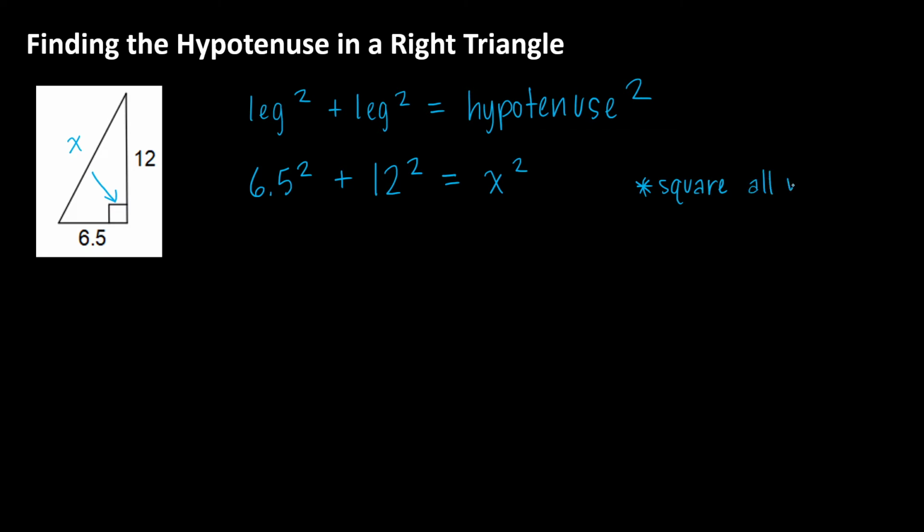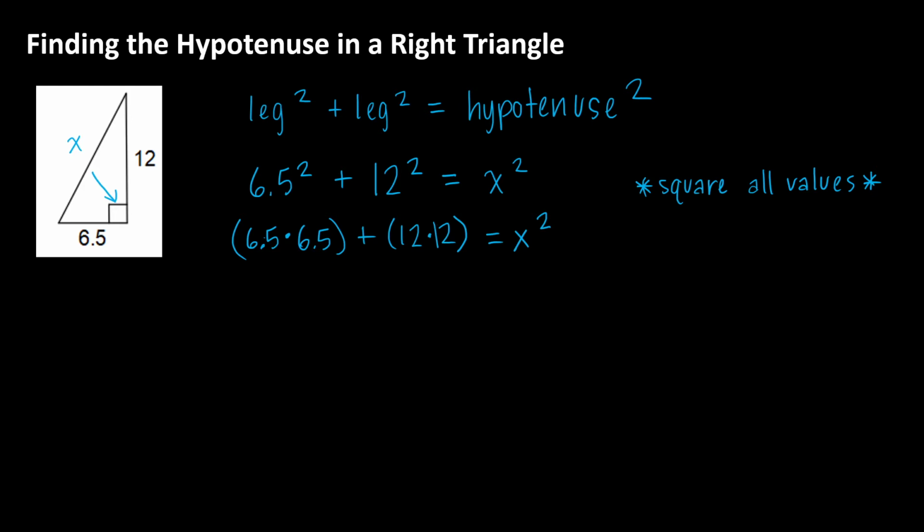What I mean by squaring the values is, take 6.5 and multiply it by itself, 6.5 multiplied by itself, plus 12 multiplied by itself, and that's still equal to x squared. We can't really touch the x squared yet. We need to square the values we know first.